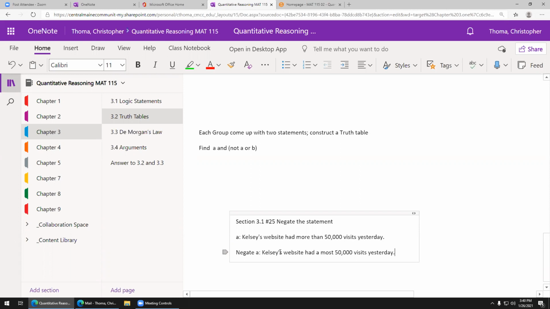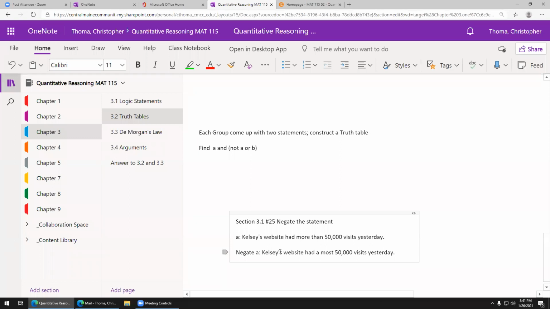Right? Because since it's more than 50,000, 50,000 is not included. So if you do less, we still have one value that is not included in either statement, and that is the number 50,000. By doing had at most, that is now everything less than 50,000, but also includes 50,000.